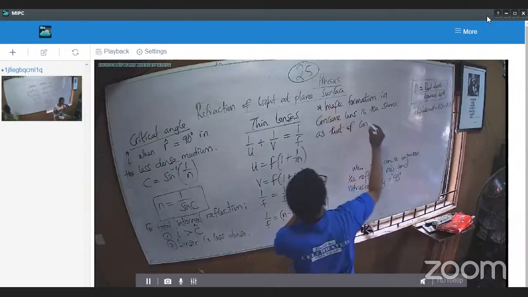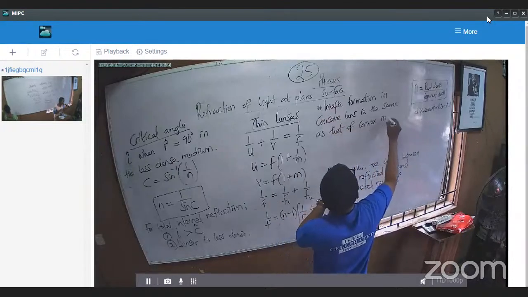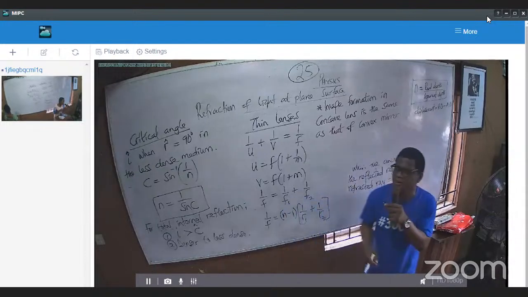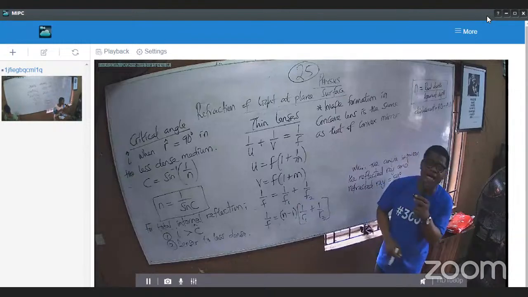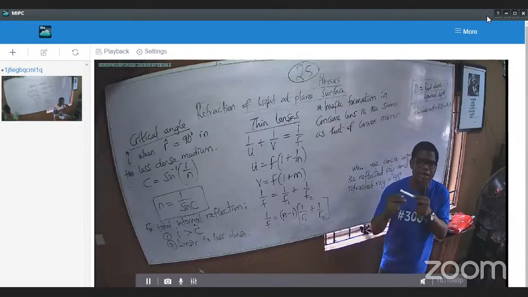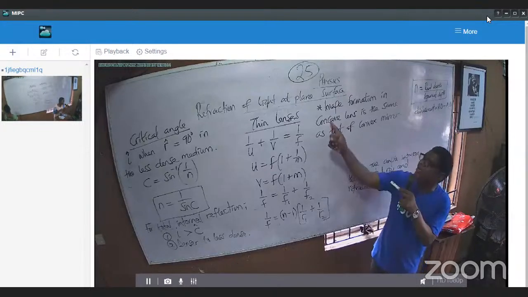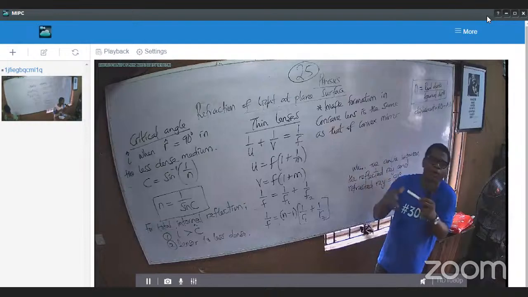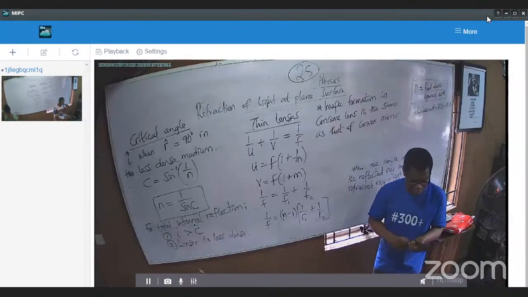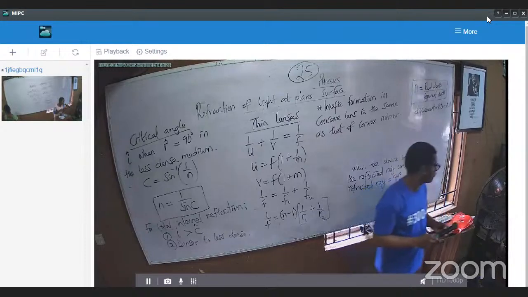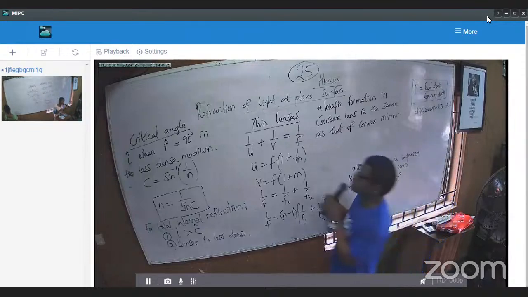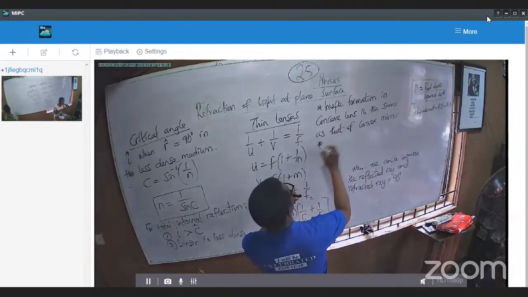This is very important. Class, what is the nature of the image in a convex mirror? Virtual, erect, and diminished, and that means in a concave lens we also have virtual, erect, and diminished. So concave lens and convex mirror are both divergent, so they have the same thing.